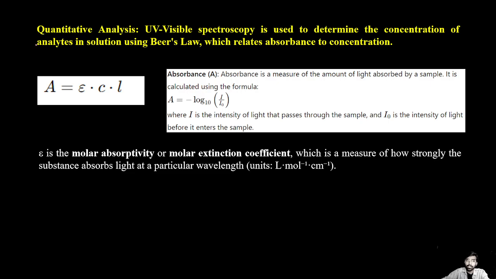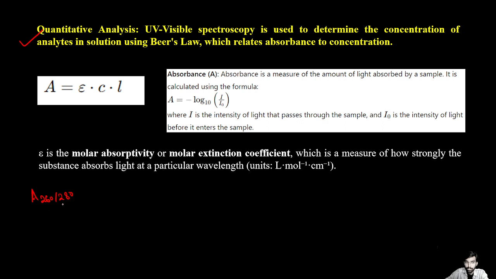Through UV visible you can estimate the concentration of protein, DNA, RNA, different kinds of biomolecules, right? In general, suppose you isolate some DNA or RNA or protein, you have to see the 260 by 280 ratio. What is the 260 by 280 ratio?